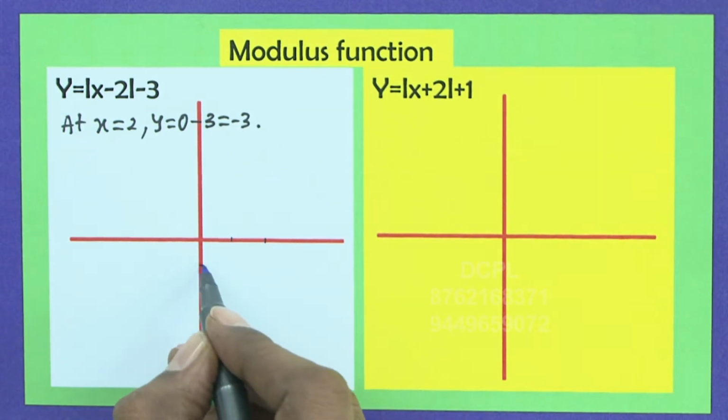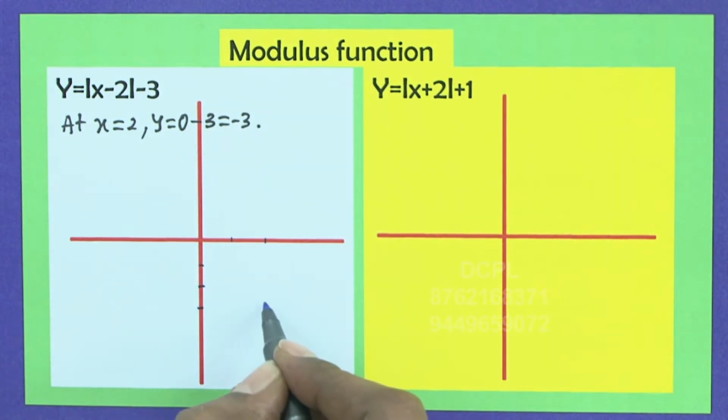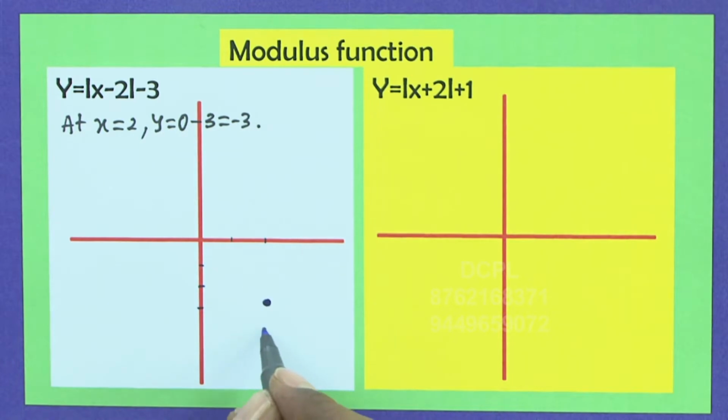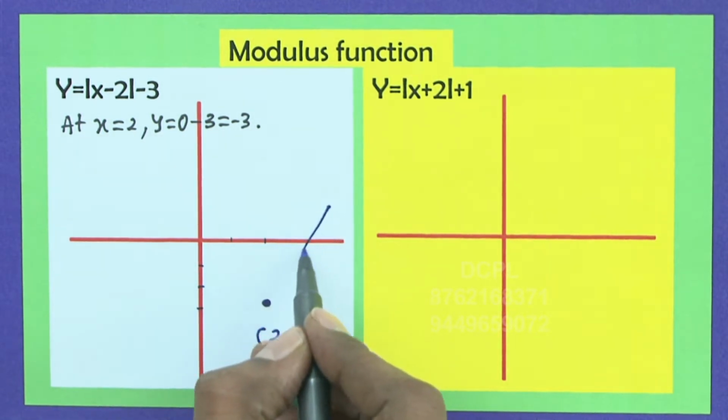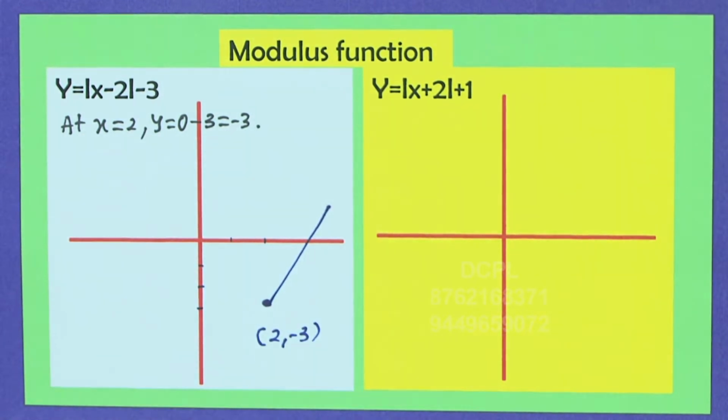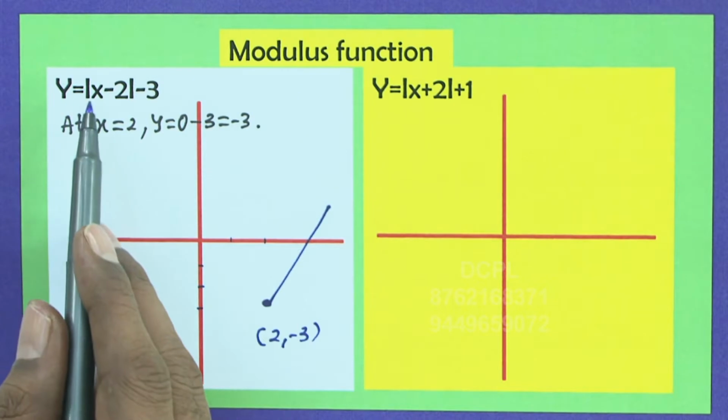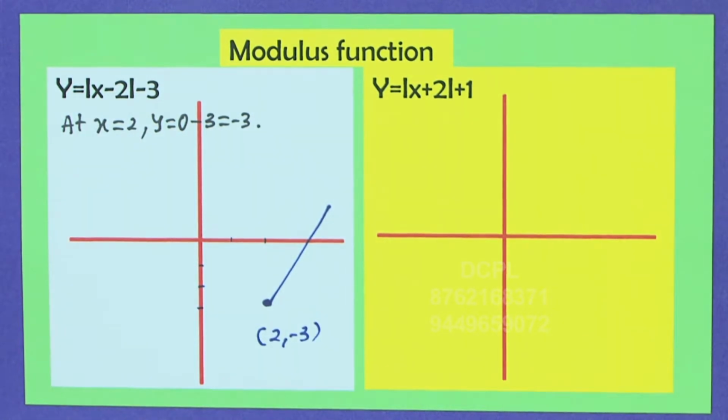2 comma minus 3 is a vertex. Do you agree with me? The graph of y is equal to mod of x minus 2 minus 3 is this. Whether it passes through 0 or not is a question, right? X is equal to 0, y is equal to 0 will not satisfy this.